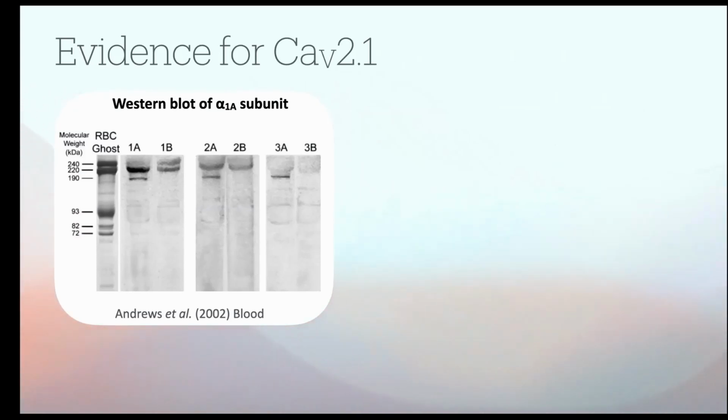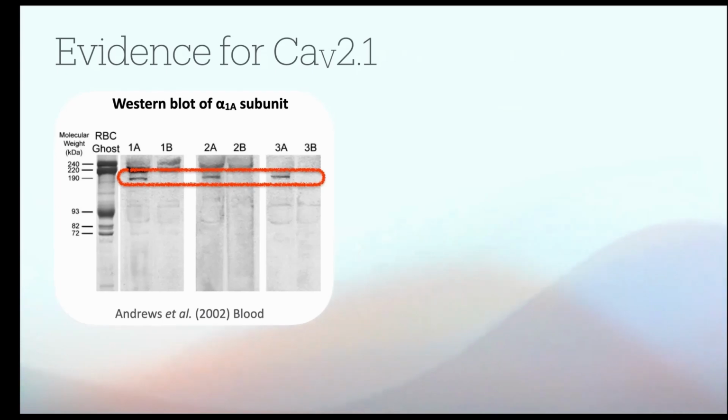In the previous slide, we have seen a big question mark, or even several question marks behind this channel. And indeed, it's a kind of a phantom channel in red blood cells. So what I show you here in the first panel is a Western blot of the alpha 1A subunit of this channel, and this is the area where you need to look at.